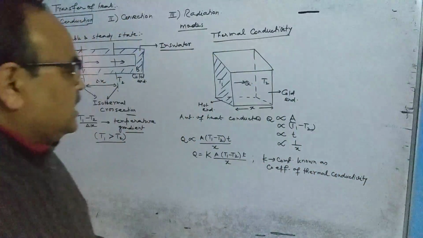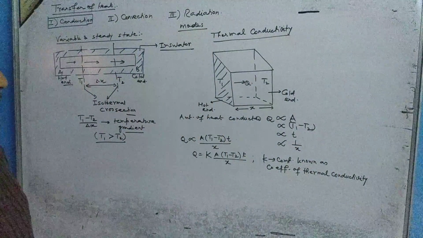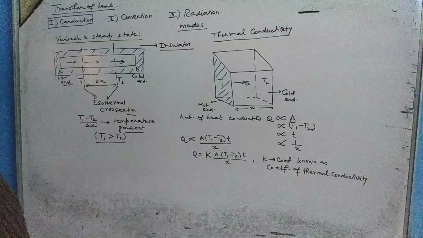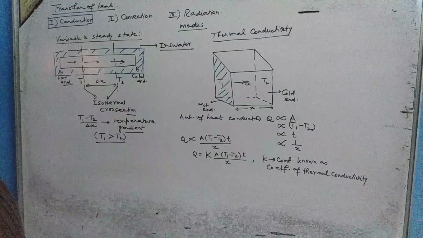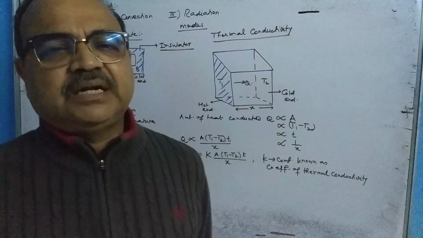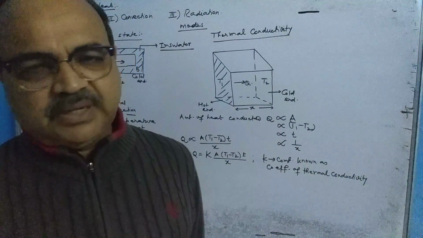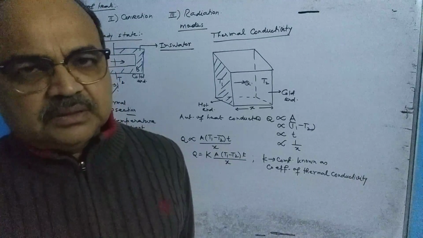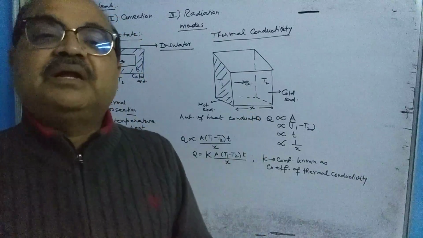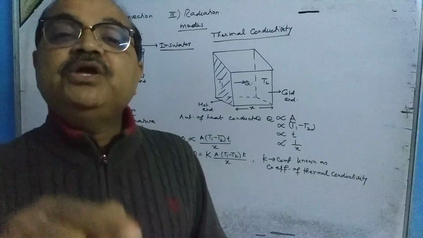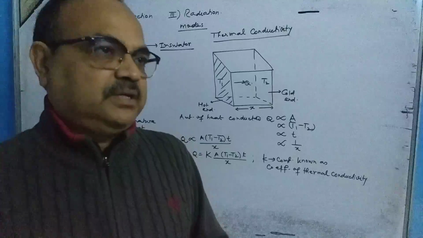Look, K is a constant quantity for a material, and it is known as the coefficient of thermal conductivity, or generally just thermal conductivity. The value of thermal conductivity for a material shows the degree of conductivity of that material.